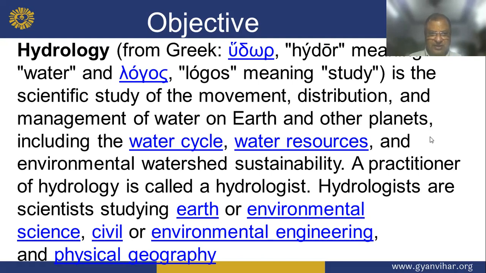Hydrologists are scientists studying earth or environmental science, civil or environmental engineering, and physical geography.